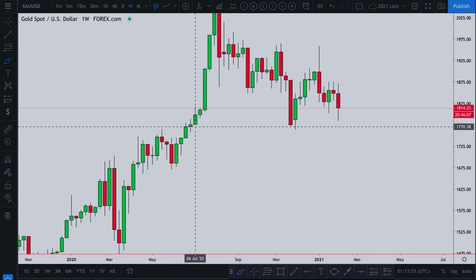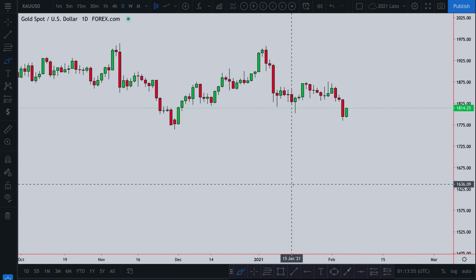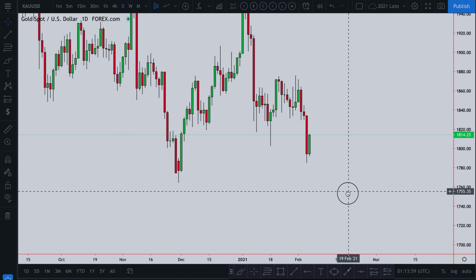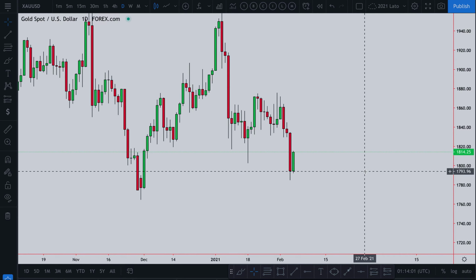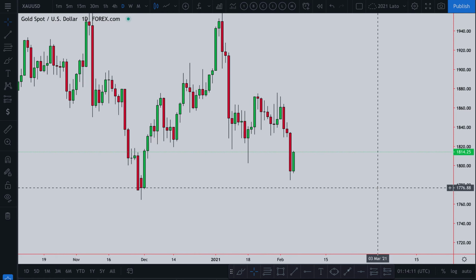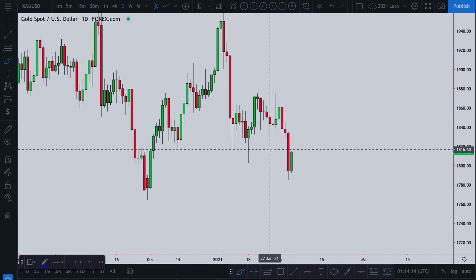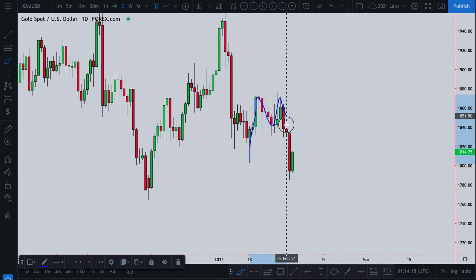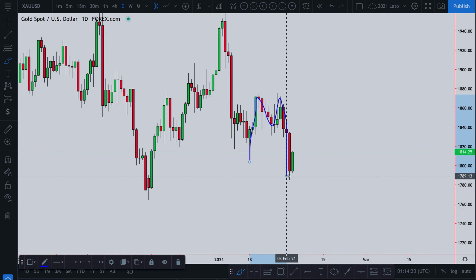Back to the candlestick chart and the daily chart. Daily chart again, guys, it is only for the short term, like intraday. What you can see is the market has formed a pattern there, and last Friday the market rejected from that level.